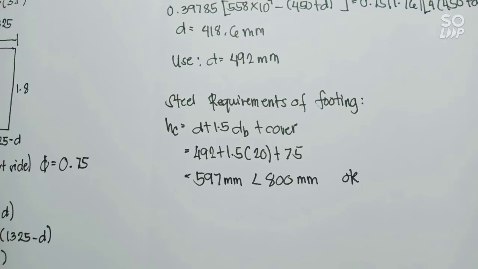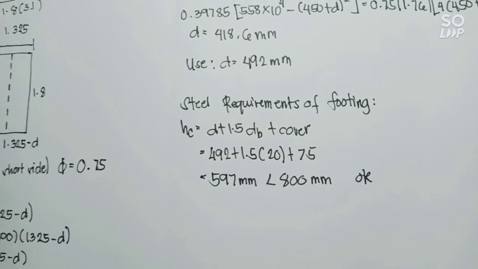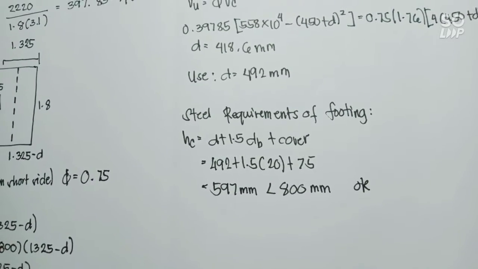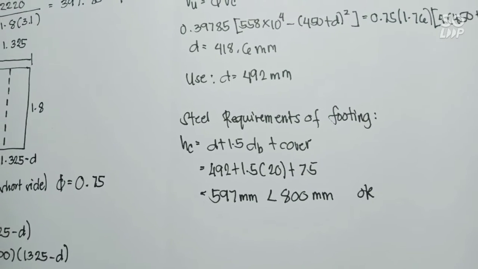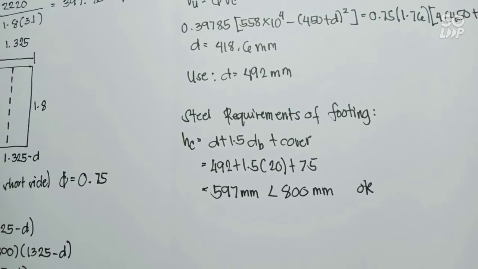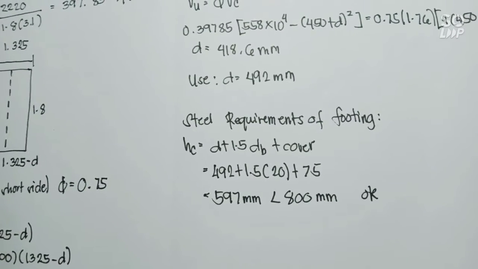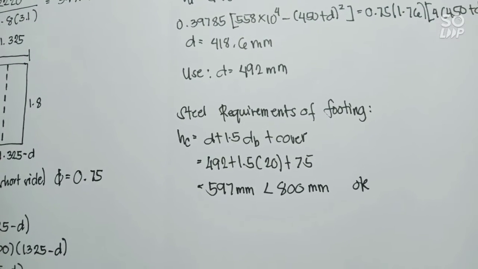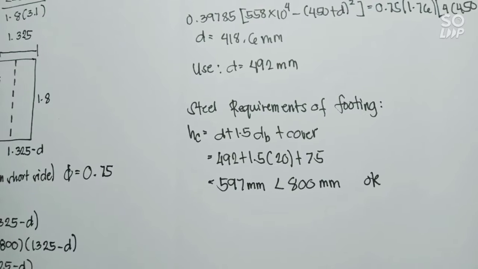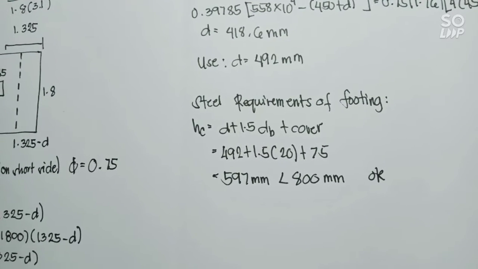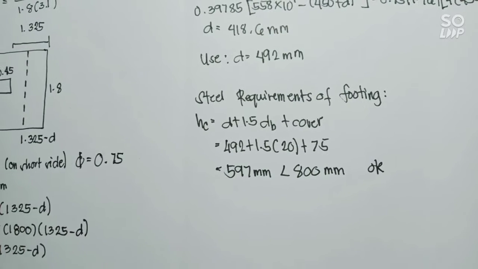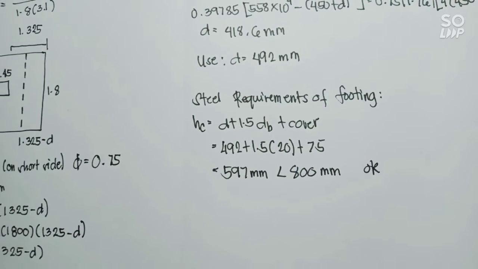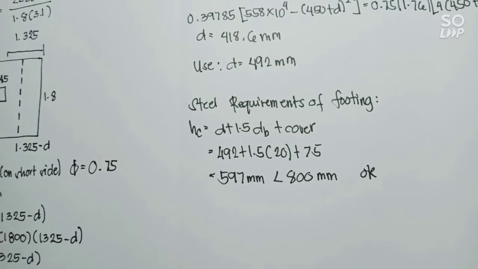So substitute d, 492 millimeters, plus 1.5 times the given diameter of the steel bar, which is 20, plus the steel cover of 75, equals 597. So 597 is less than our assumption of the total depth, which is 800. So it means it is okay.